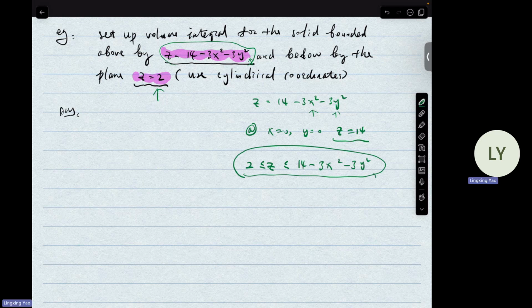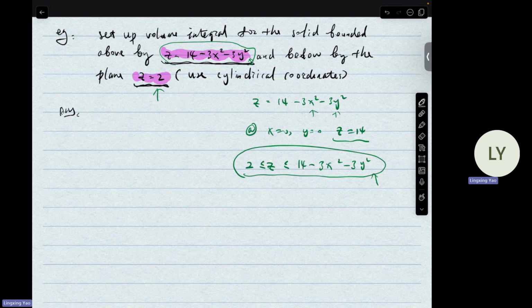And over which points of xy would we have this volume obtained? Well, there's one thing, right? This plane z equals 2 will essentially intersect with this paraboloid.